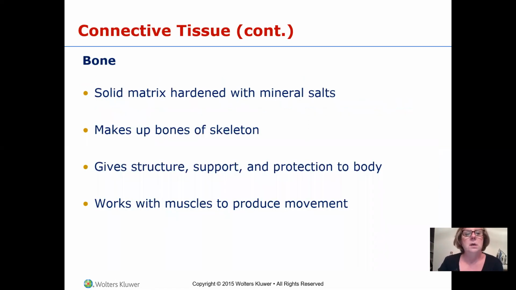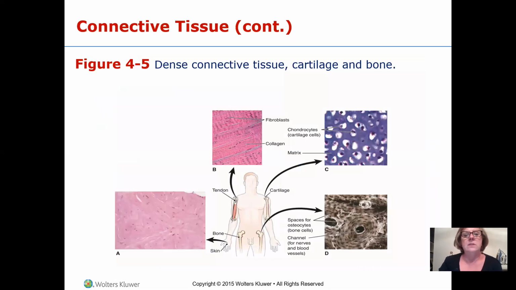So it stretches. Bone is a type of structural connective tissue, and of course it makes up the bones of your skeleton, provides structure and support, and it works with the muscles to produce some movement. And we have the dense connective tissue and the cartilage and bone here, so that you can see this.